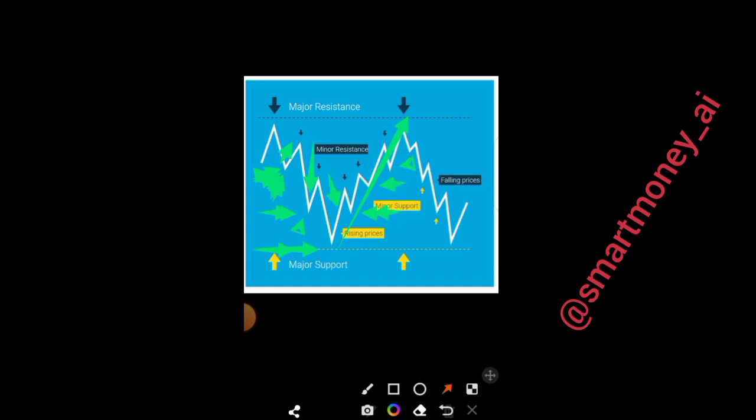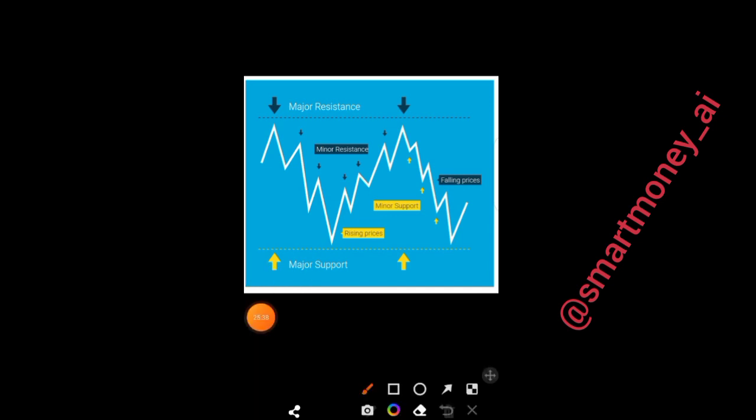So when price reaches a minor support, look at the corresponding end here. All it did was move upwards a small bit and then break through them. But when it reached the major support level here, look at what happened. It pushed all the way up.